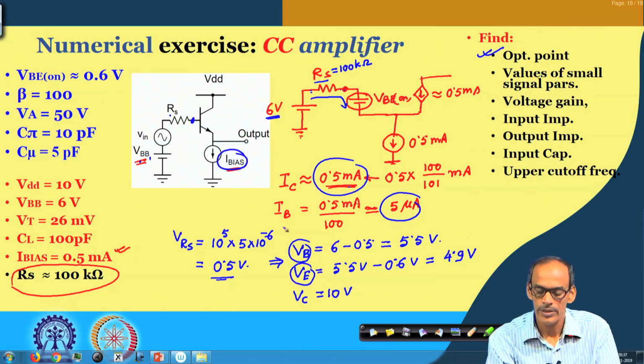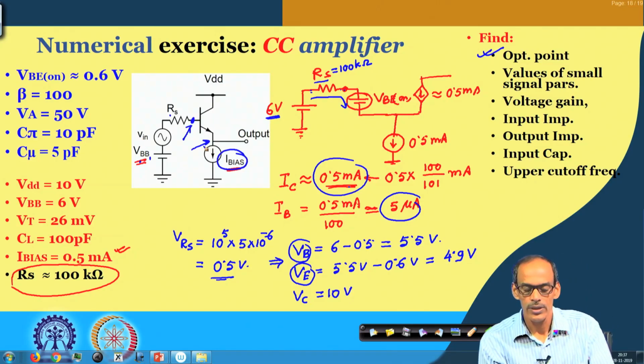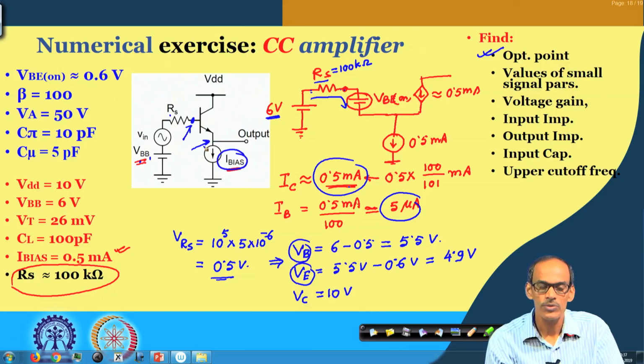The collector current and base current hardly get affected. The only thing is that the voltage here and the voltage here are changed compared to the previous case. Since the collector current is still 0.5 milliampere, the small signal parameters remain the same as the previous one.